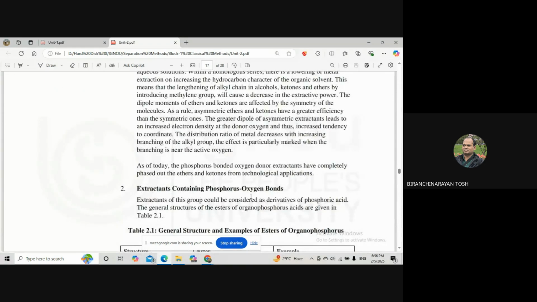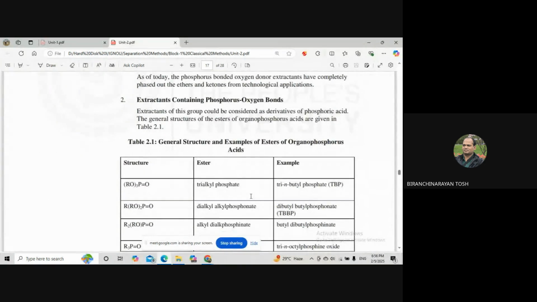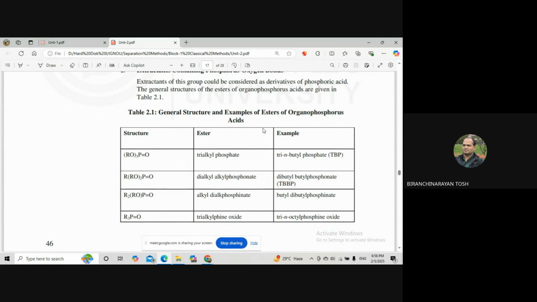Then extraction involving phosphorus-oxygen bonds. So the general structures of esters and organophosphorus acids: trialkyl phosphate, dialkyl alkyl phosphonate like dibutyl butyl phosphonate, alkyl dialkyl phosphinate, and trialkyl phosphine oxide, R3PO.